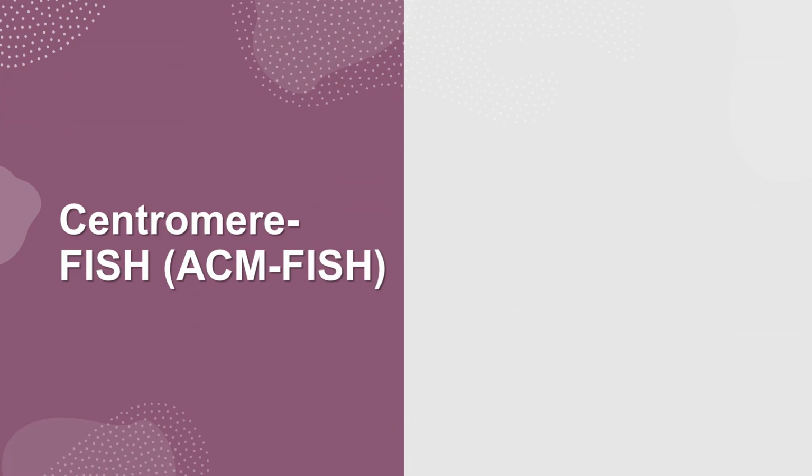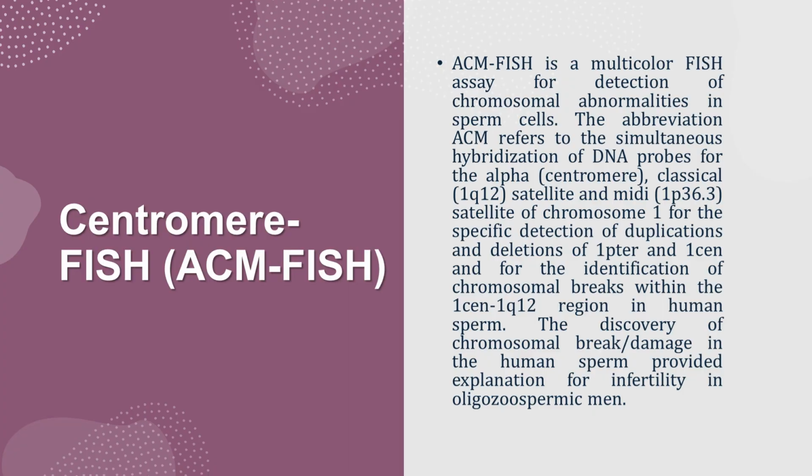ACM FISH. ACM FISH is a multicolor FISH assay for detection of chromosomal abnormalities in sperm cells. The abbreviation ACM refers to the simultaneous hybridization of DNA probes for the alpha centromere, classical 1q12 satellite, and midi 1p36.3 satellite of chromosome 1, for the specific detection of duplications and deletions of 1p telomere and 1cen, and for the identification of chromosomal breaks within the 1cen-1q12 region in human sperm.